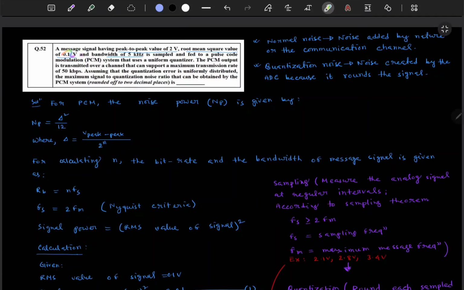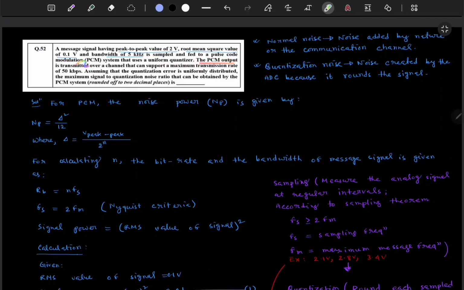A message signal having a peak to peak value of 2 volt, root mean square value of 0.1 volt, and bandwidth of 5 kilohertz is sampled and fed to a pulse code modulation system that uses a uniform quantizer.